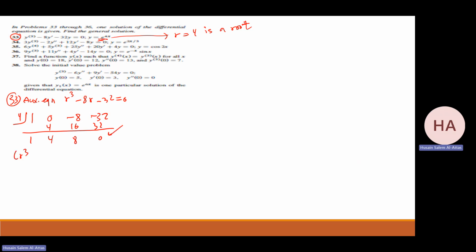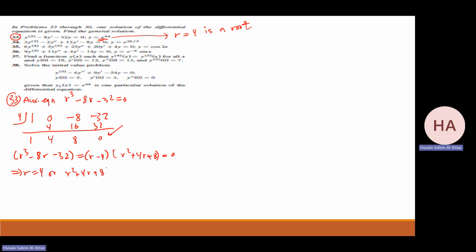So this one is r minus 4 times r squared plus 4r plus 8 equals 0. So I have r equals 4 or this.